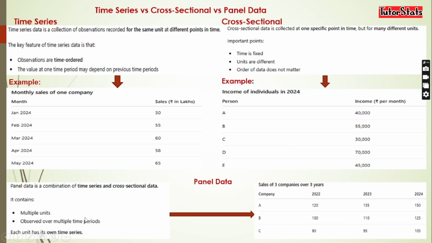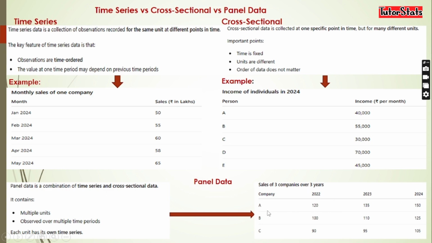Now comes panel data, which is a combination of both time series data and cross-sectional data. In simple words, here we have many units and many time points. For example, sales of 3 companies over 3 years.